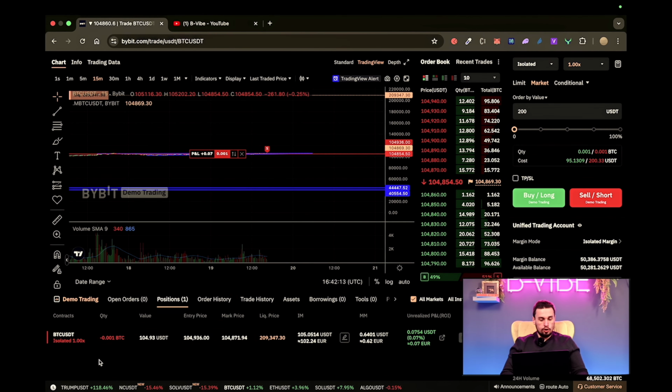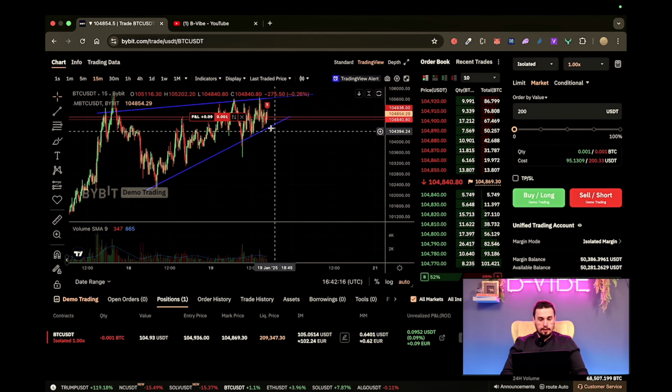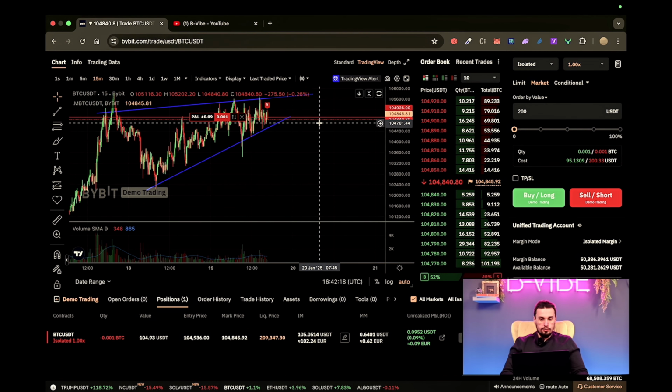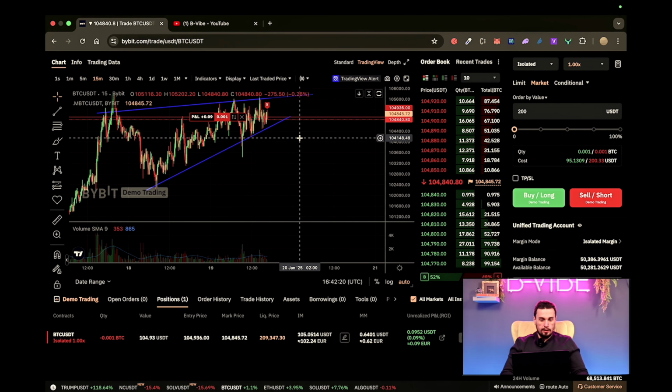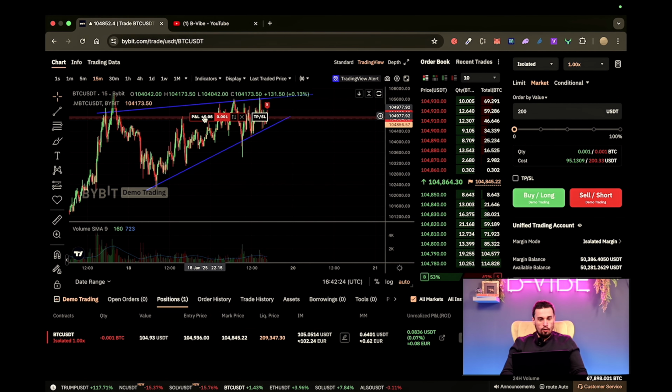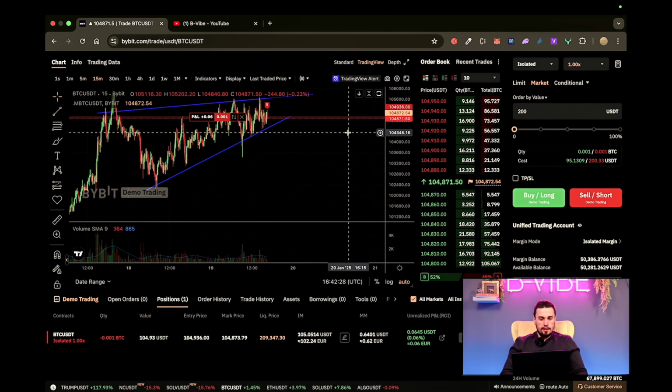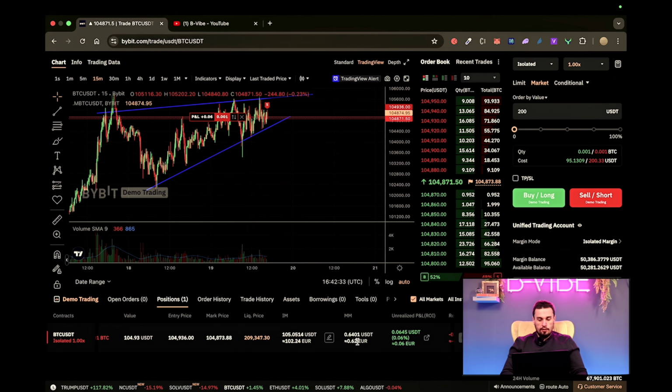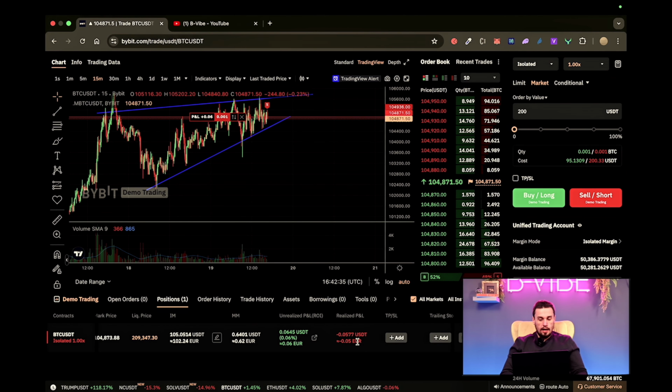Because we entered the short trade, we are betting that this price will go down. And on the graph, you can see this red line, which symbolizes the entry level of your trade, and this dotted line presents the current level of the price. Also here on the bottom, you can see the realized and unrealized profits.